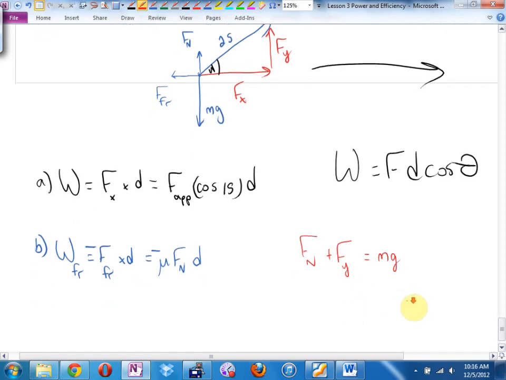I think I can say, okay, the normal force is going to be mg plus, and the vertical component is going to be the applied times the sine of 15. That's what I said. As I said, it's going to be minus because we're lifting up, so of course the normal force is going to be smaller. Whew.